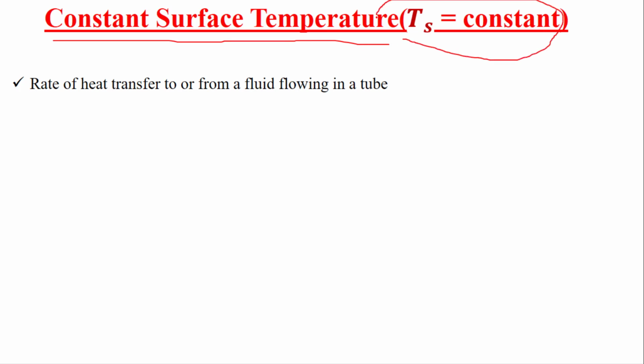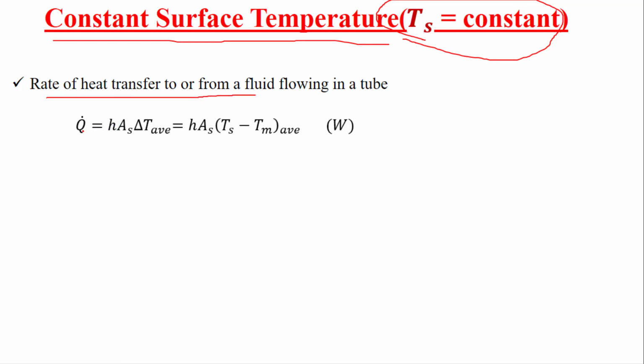Okay, so the other scenario is constant surface temperature, Ts equal to constant. The rate of heat transfer to or from fluid flowing in a tube, so Q dot entering or gained by the flowing fluid, is equal to heat flux, as we agreed.